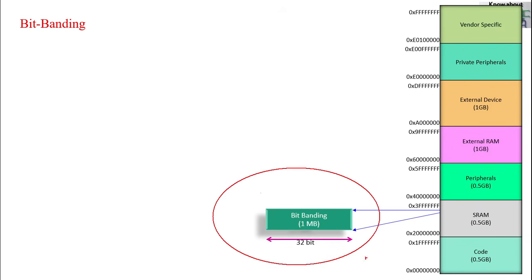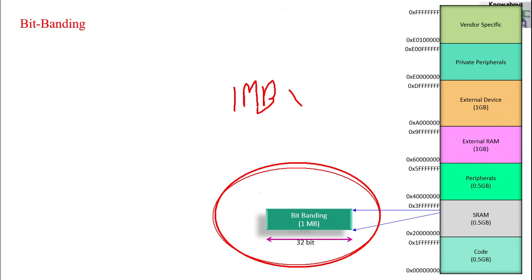You can see here, this is the space allocated for our bit banding, and it is 1 megabyte with 32-bit length. So 1 megabyte into 32. If you multiply, you will get some value. Try to calculate it on your systems: 1 megabyte into 32.